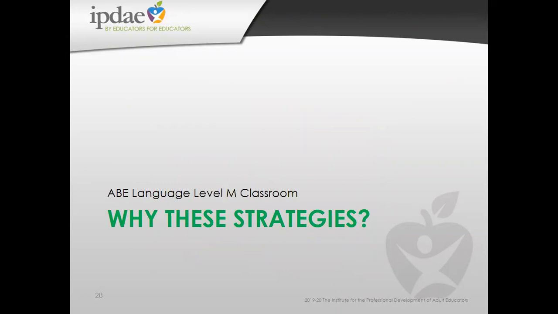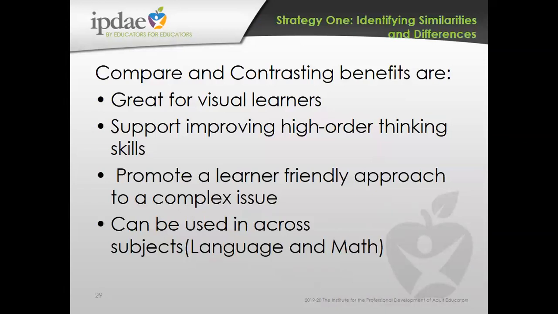Why are these strategies important? Identifying similarities and differences. Again, we go back to that compare and contrast. Give them ways to think about different ideas, open their minds, expose them. We all, as educators, learn through exposure ourselves.